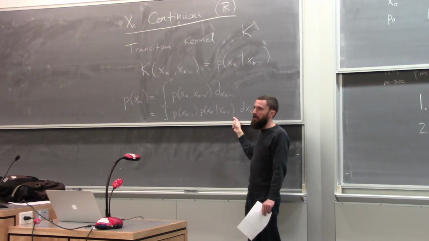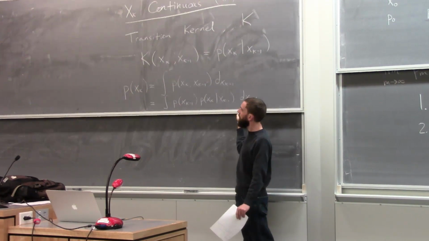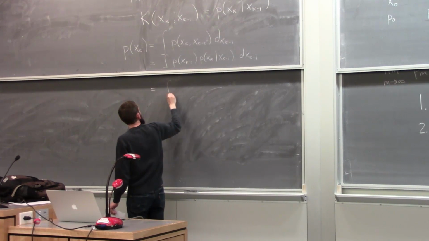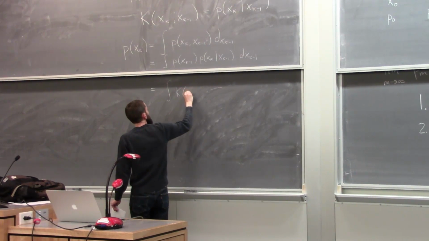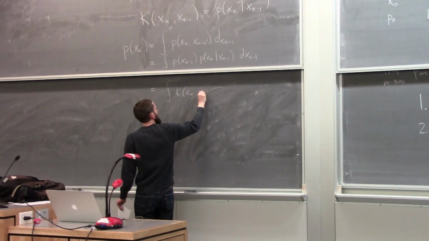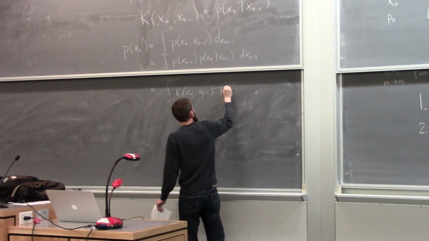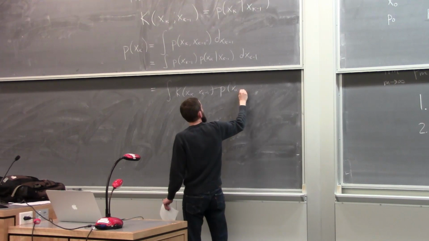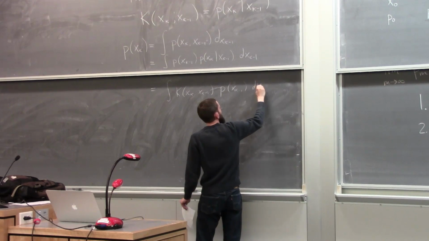And this is just what I'm calling the transition kernel K. So this really always looks like an integral of my transition kernel times my previous PDF for x_{k-1}.